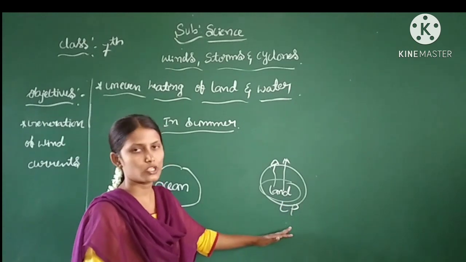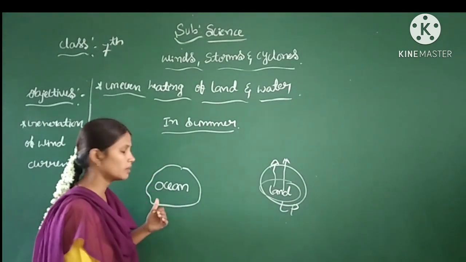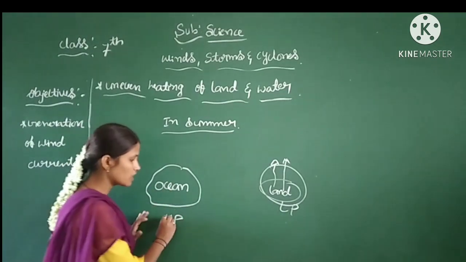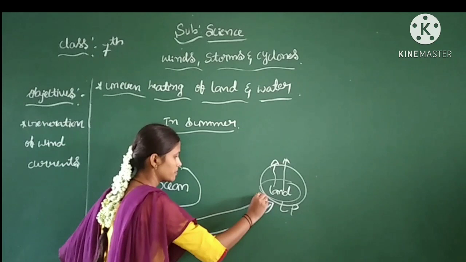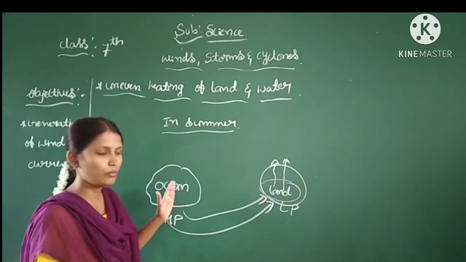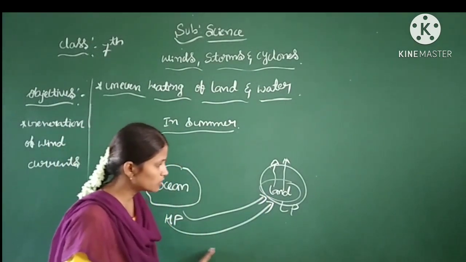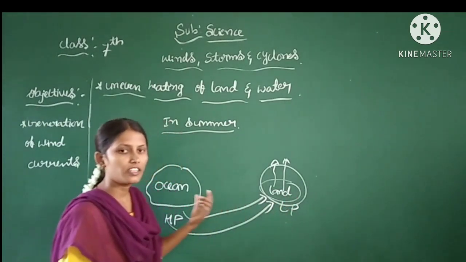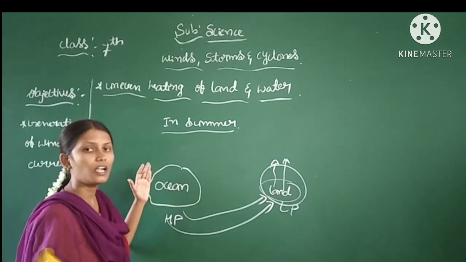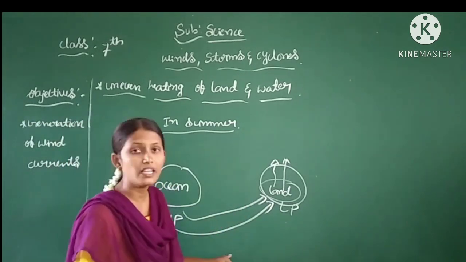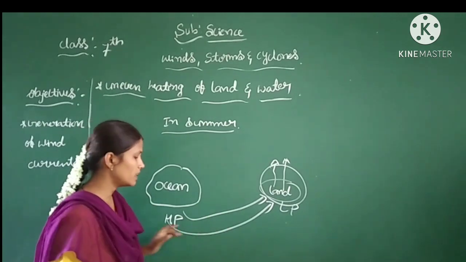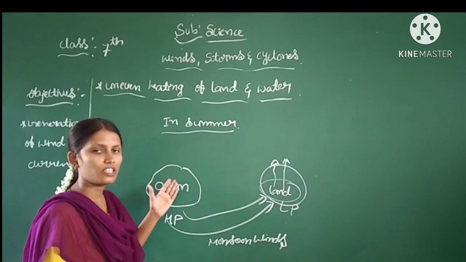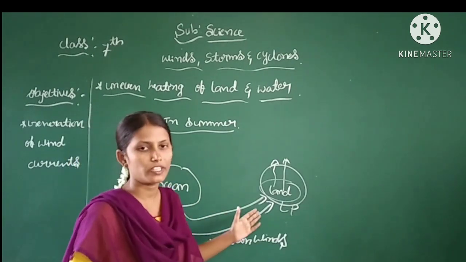To cover these low pressure areas, the winds from the ocean, which have high pressure, rush towards the land. Winds move from the high pressure area to the low pressure area to cover this empty space. These winds moving from the oceans carry moisture with them, so we consider them the monsoon winds.